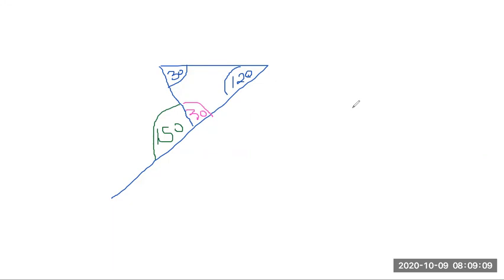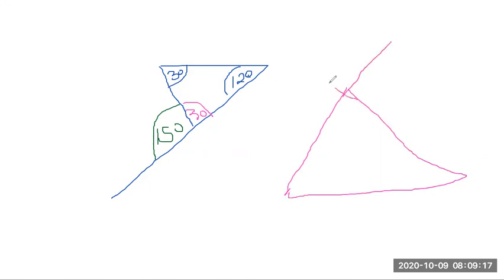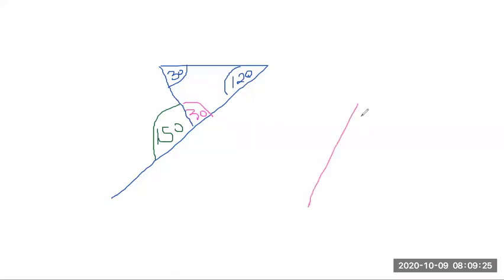We can also look at something like this. We got a triangle like that. Let's just redo this. Not working out. But we also have a vertical angle in this one, right?